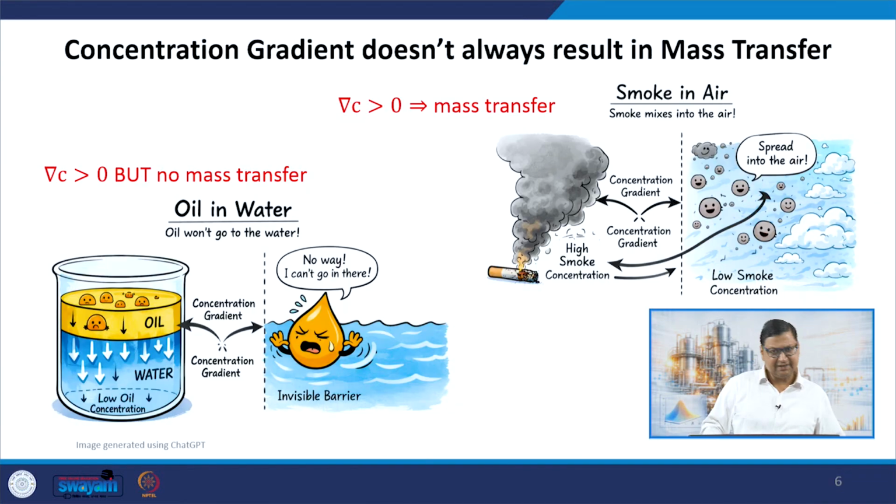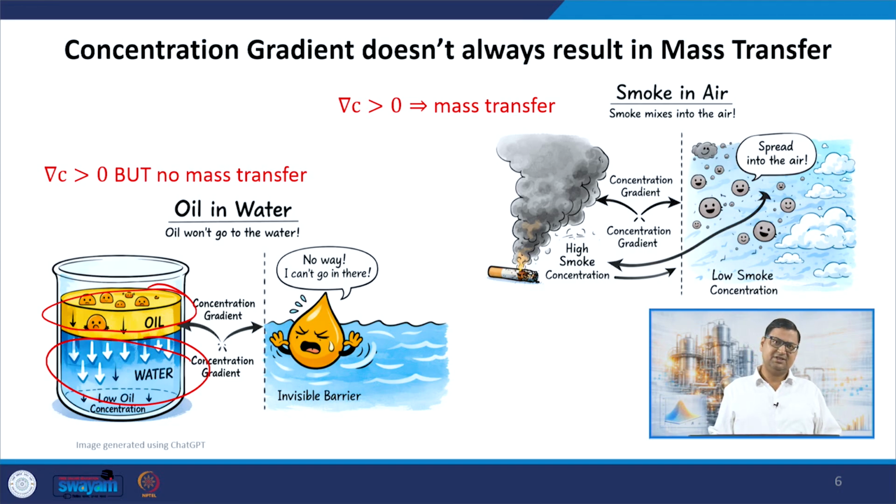So, I will take this argument further, and I will question one of the common arguments that you may have learned in a mass transfer course, that whenever we have a concentration gradient, it results in mass transfer. Now, you take the same example which I just gave. You have oil and water, which are separated because they are immiscible for the reasons I told you.